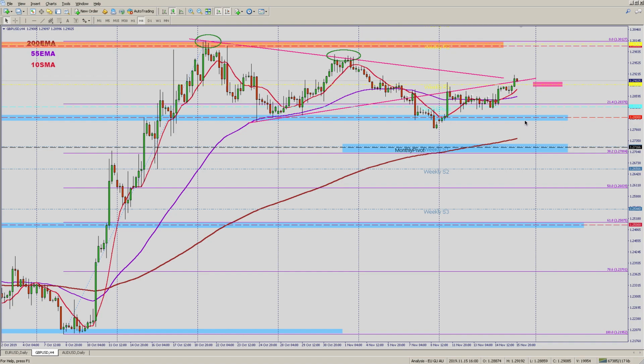The key support zone is still at the 128.00 level, and key resistance zone is at the 130.00 level, along with the previous swing high just above 130.